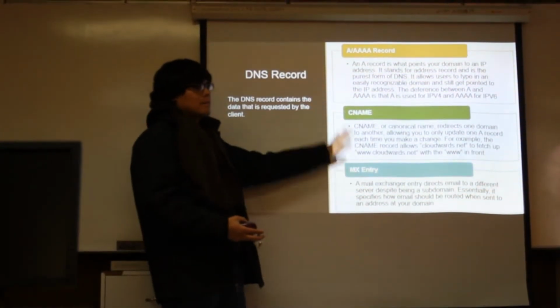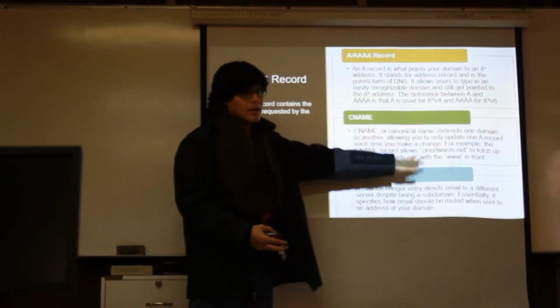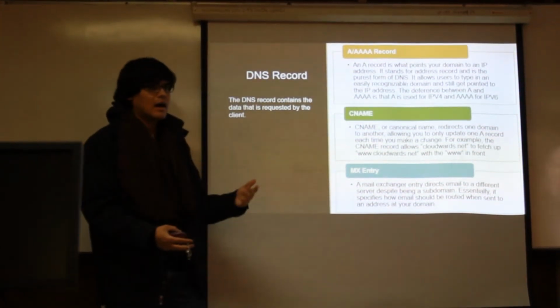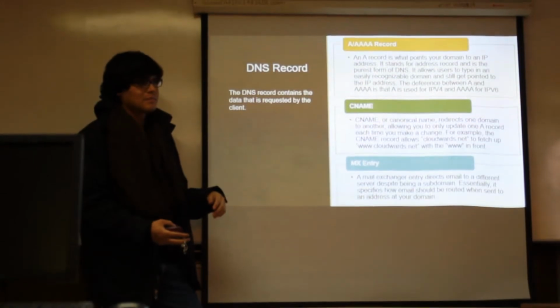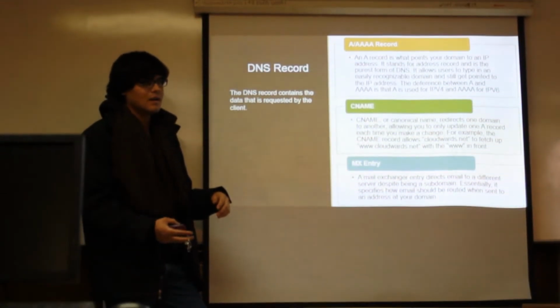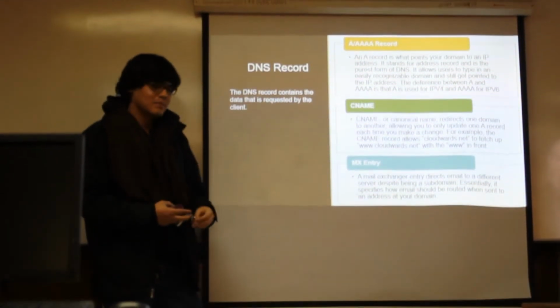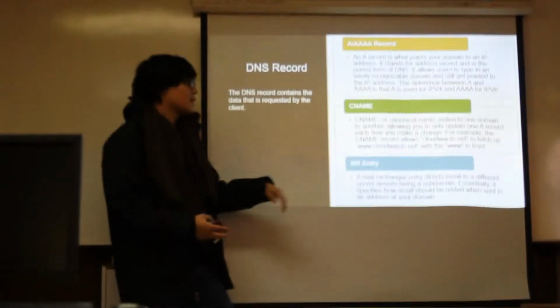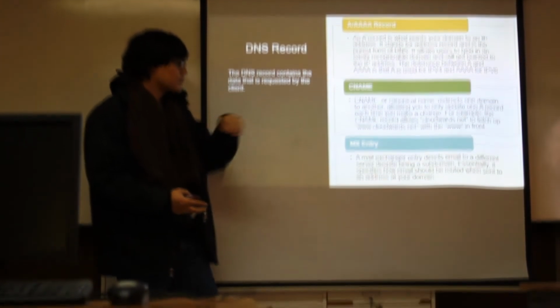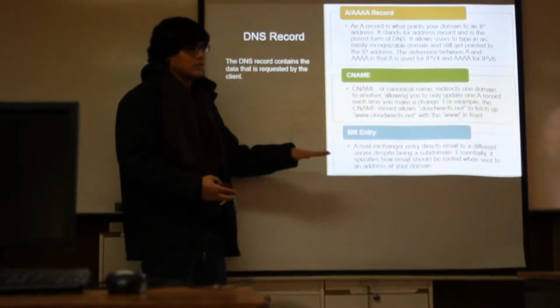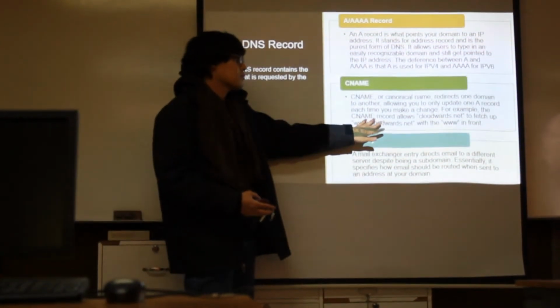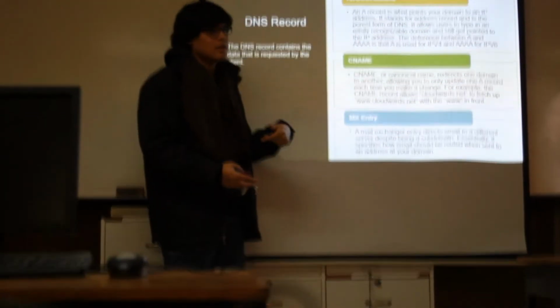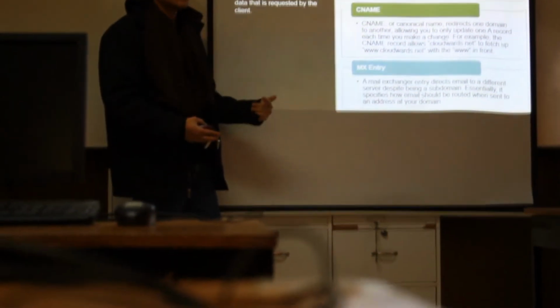Now the CNAME, or canonical name, is an alias. A nickname. And the nickname is something the domain server puts over the IP for you to access it a little more easily.